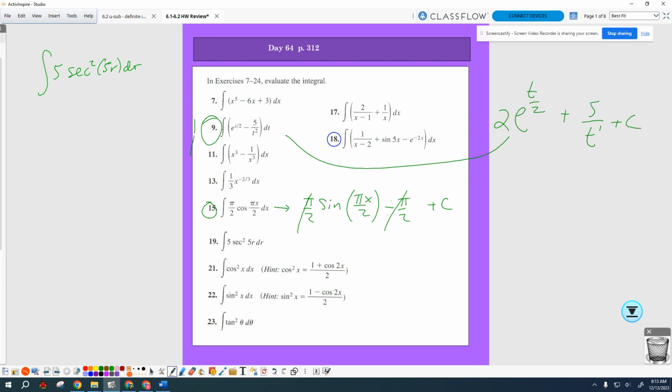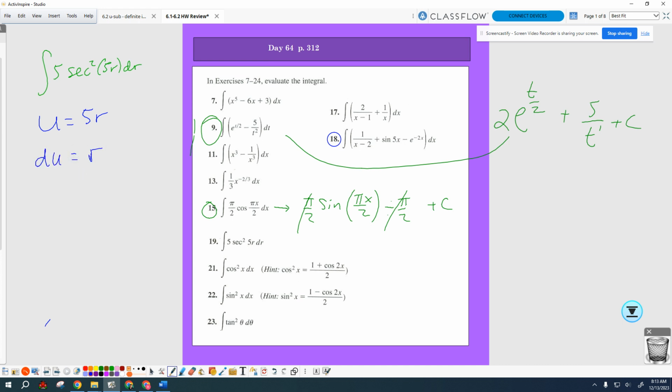Okay, first of all, this is one that I can do without u substitution at this point because I recognize things, but if you're uncertain, I'm going to call u 5r.